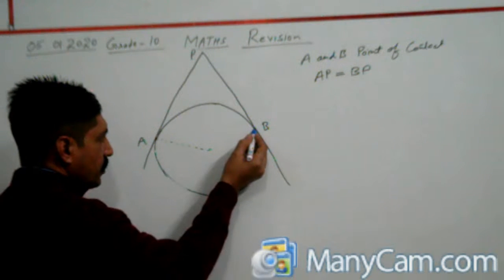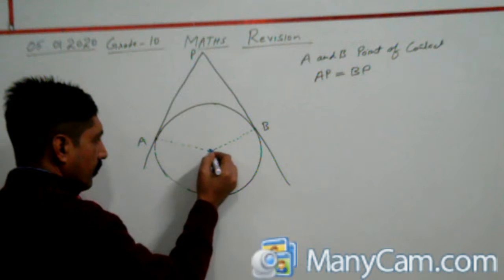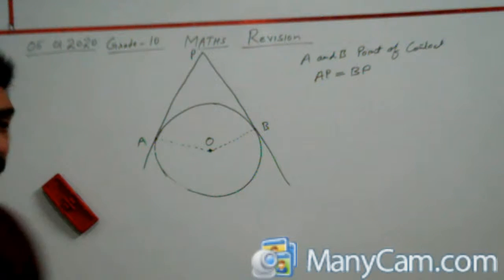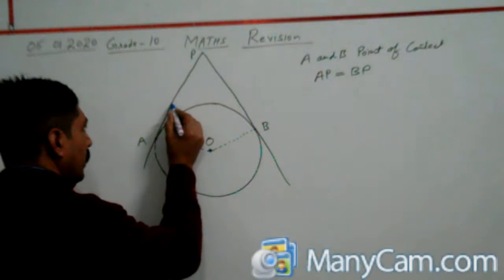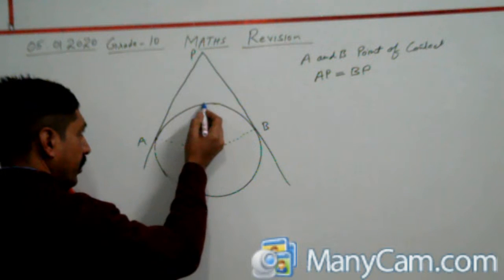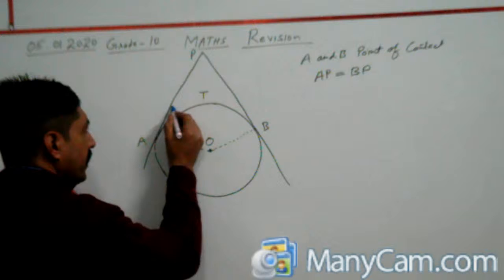This one is also 90 degrees. O is the center. So here, if we are joining one line from here and anywhere, if any point is here, P is the point, and we are joining.